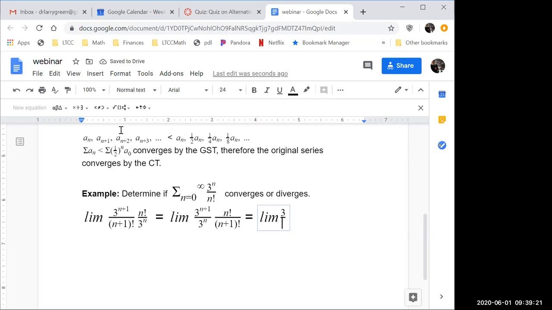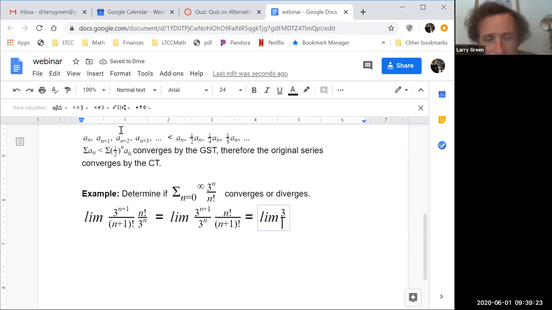Now, what is n factorial over n plus 1 factorial? That's actually pretty nice too. Not quite as nice as 3, but it's actually very nice. Let's think about, say, 5 factorial over 6 factorial. Well, that's 5 times 4 times 3 times 2 divided by 6 times 5 times 4 times 3 times 2. And you get a whole lot of canceling.